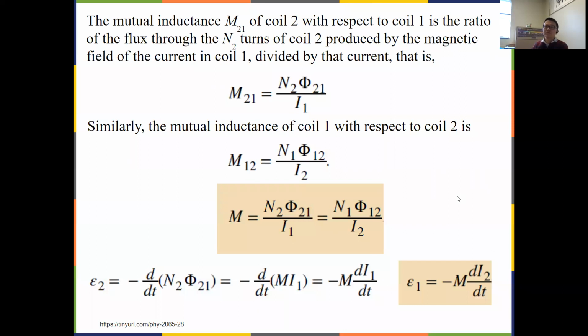If you have two coils, then the mutual inductance on the second one by the first coil will be equal to the number of turns in the second coil times the flux through each coil in the second, phi 21, over I1. Similarly, the other way around, for the mutual inductance on the first one by the second one, you do N1 times phi 12 over I2.